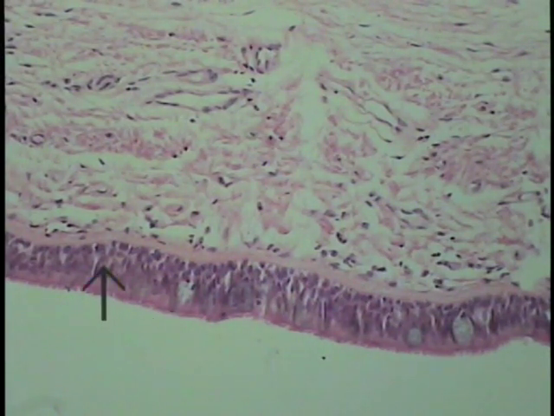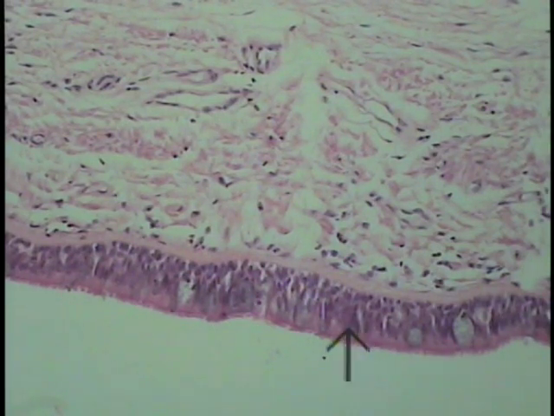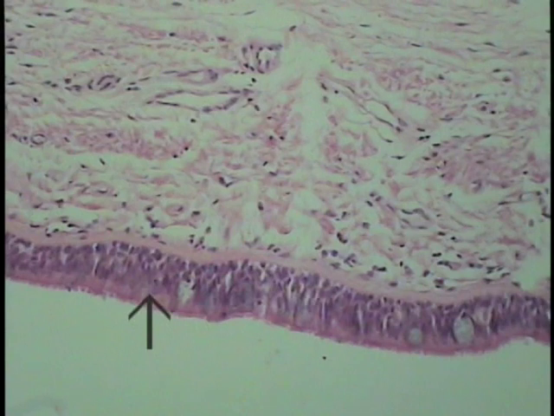Note once again the epithelium is made up of what appear to be multiple layers of cells, two or three layers of nuclei. Please recall that this is a heterogeneous type of epithelium. That is, it's made up of a variety of cell types, and this perhaps accounts for this pseudostratified appearance.